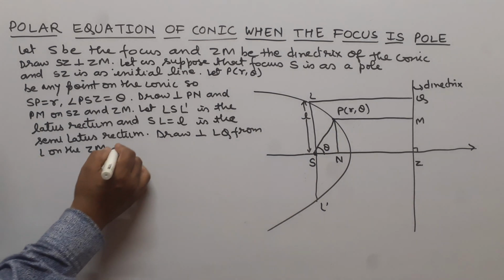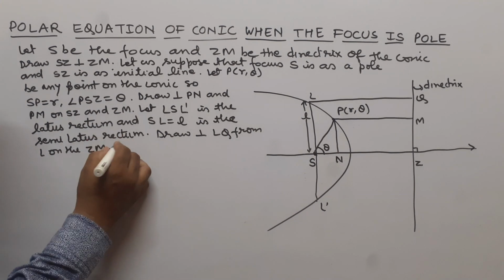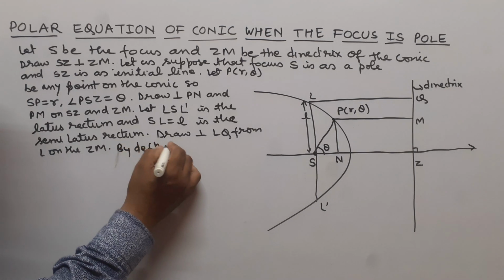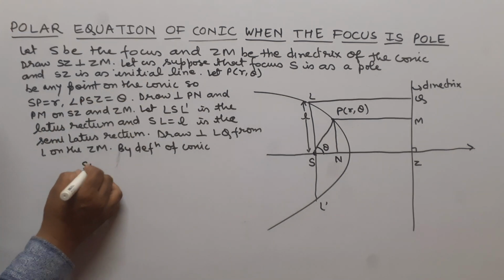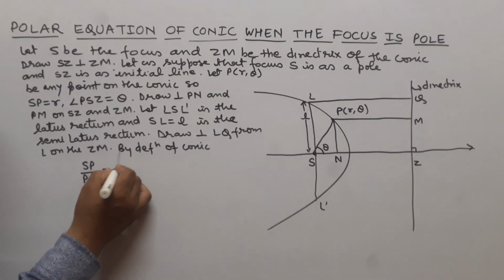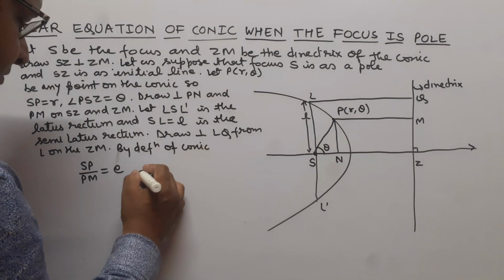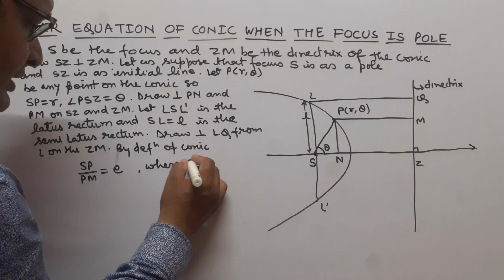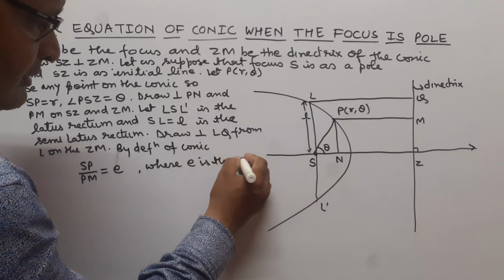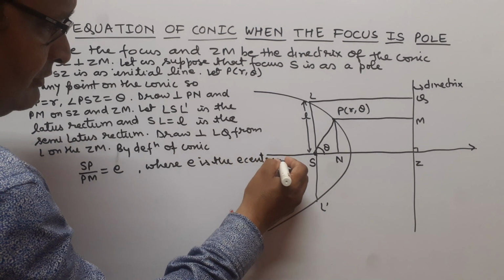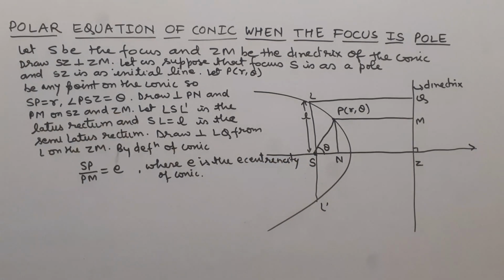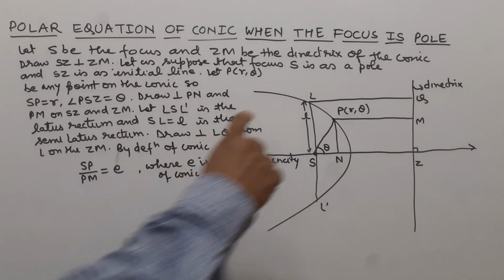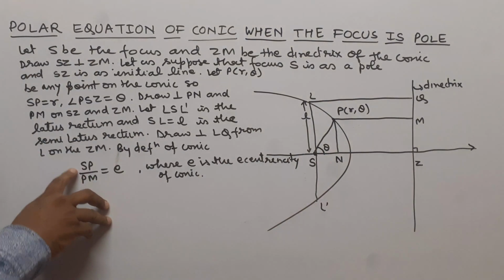By definition of conic, SP upon PM is equal to e, where e is the eccentricity of the conic.